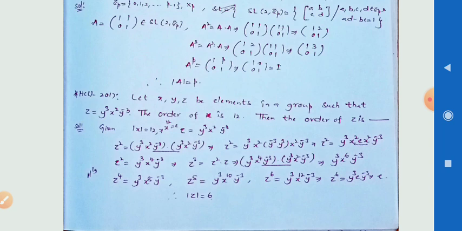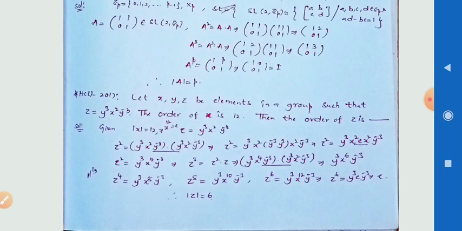Then we get z square is equal to y cube into x square. Here y power minus 3 into y power 3 becomes e, which means y cube into x square, e into x square y power minus 3. Then it becomes z square is equal to y cube into x power 4 y power minus 3.